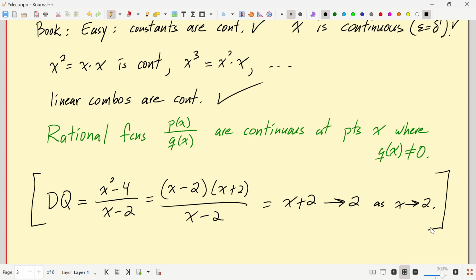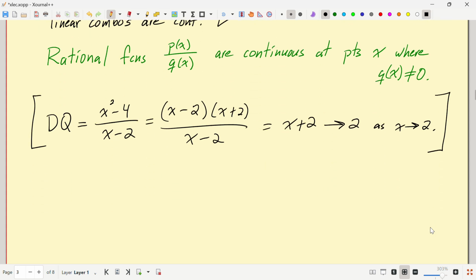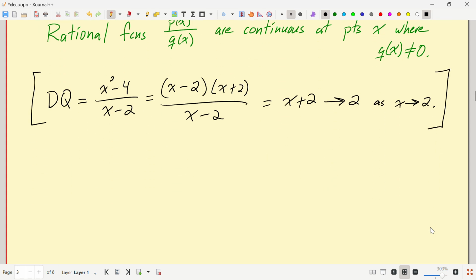Well, let's see. The book also mentions that sine and cosine are continuous.